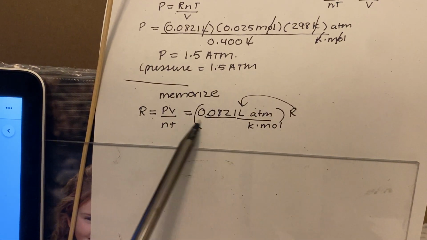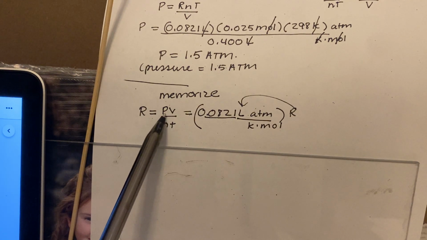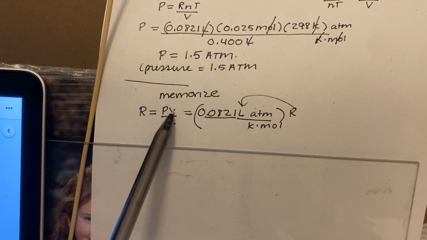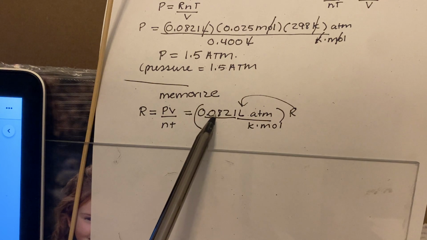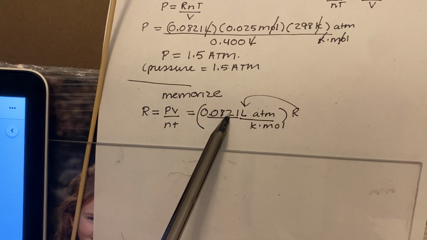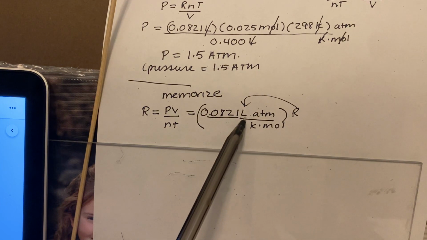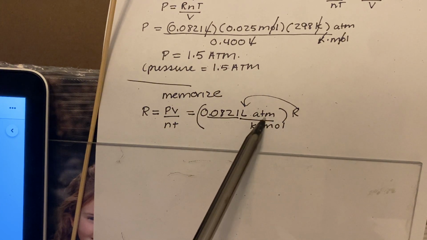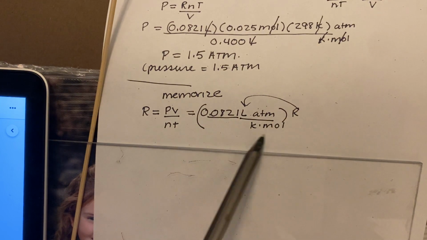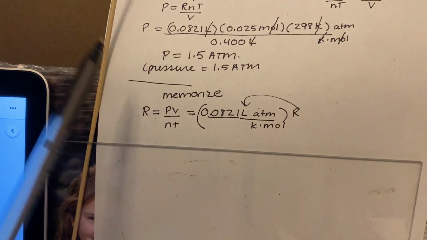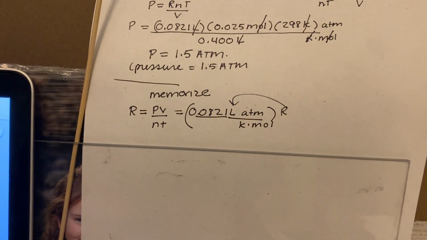And then you have to know basically what R is. Right here, when you fill in what R is, it's going to be 0.0821 liters ATM over K mole. So wherever R is, we fill that R in. So you need to know that.